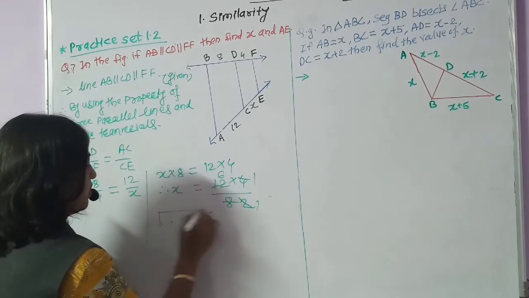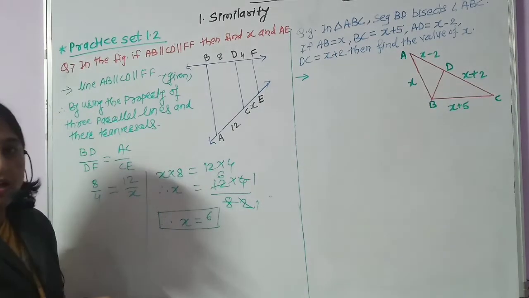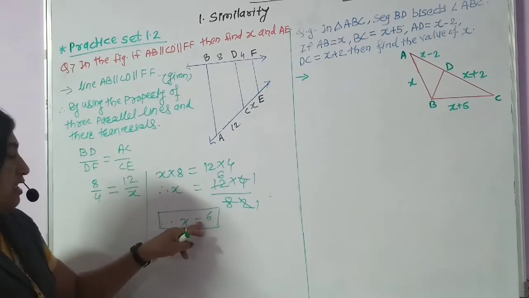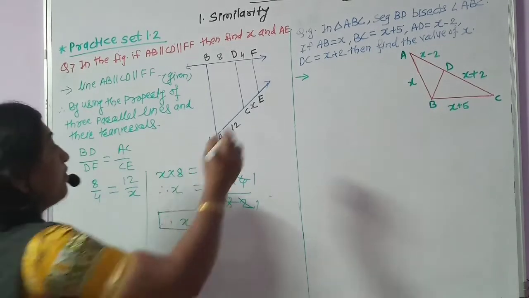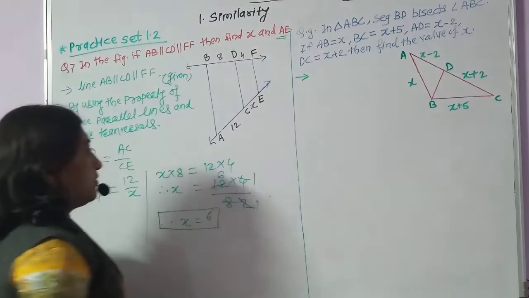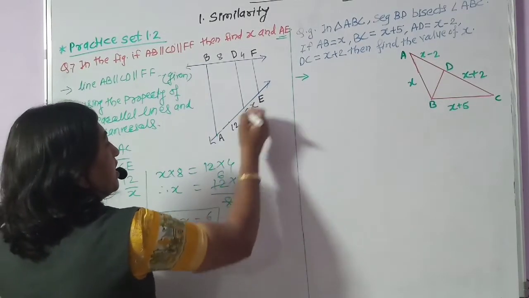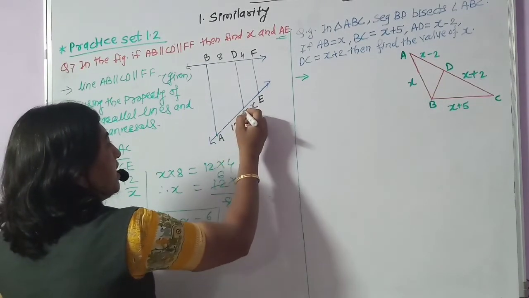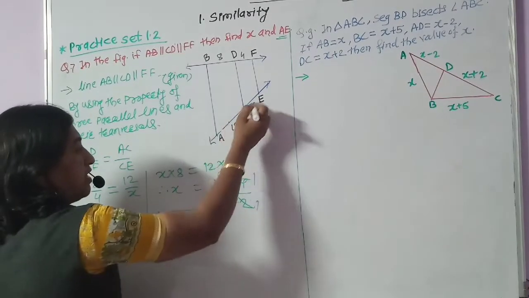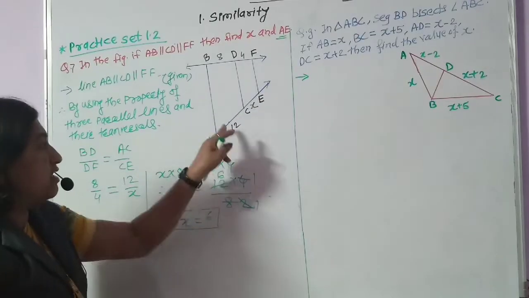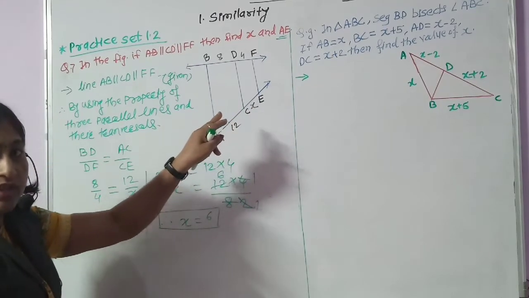Here we get the value of x is 6. Again we have to find the value of AE. How to find this distance AE? AE equals AC plus CE, because C is the point between point A and point E. This point C lies between these 2 points.